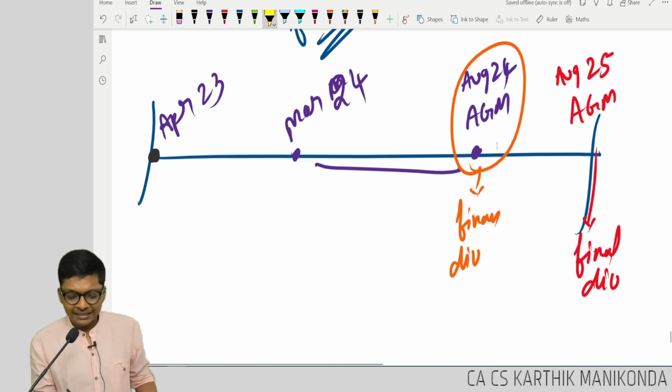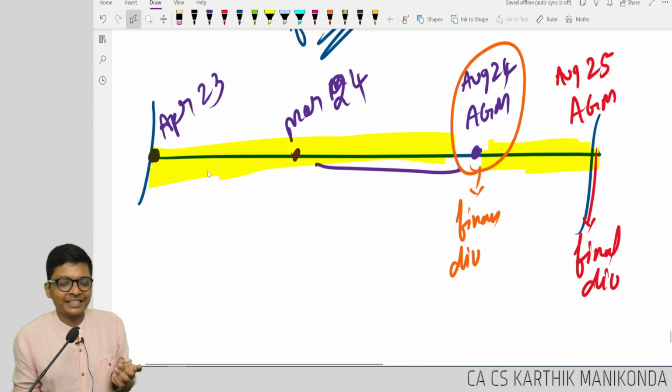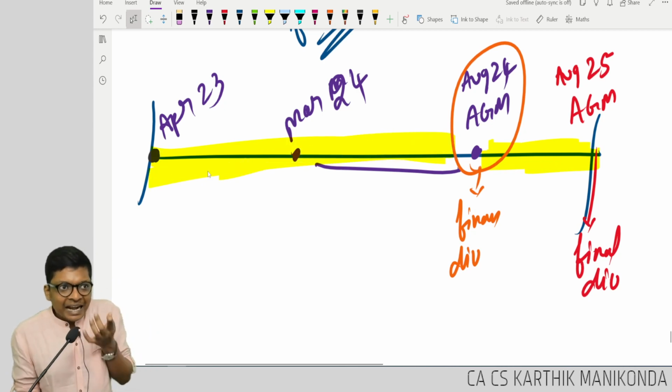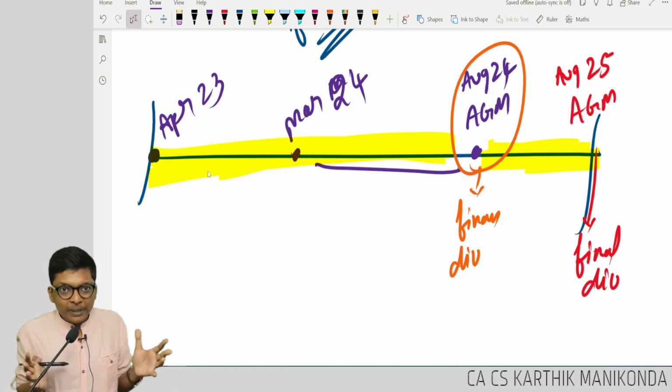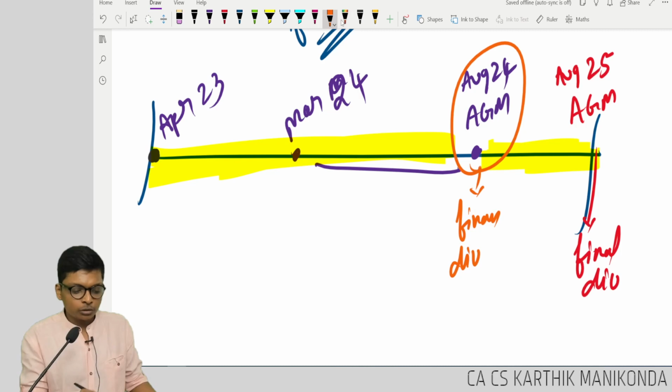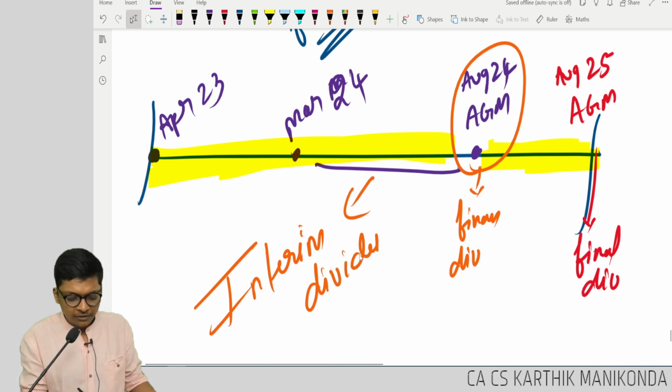Any dividend declared between two AGMs or declared during the year, that means, in other words, dividend declared other than on the date of AGM, dividend declared between two AGMs, that is called interim dividend.